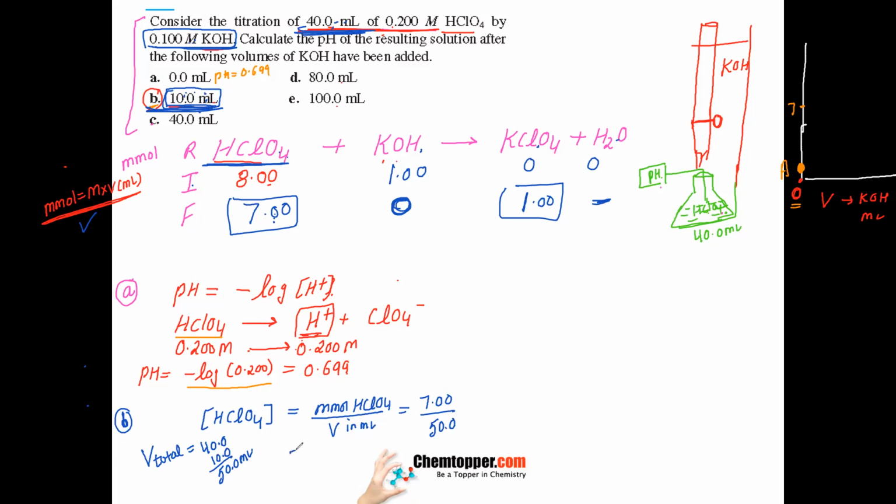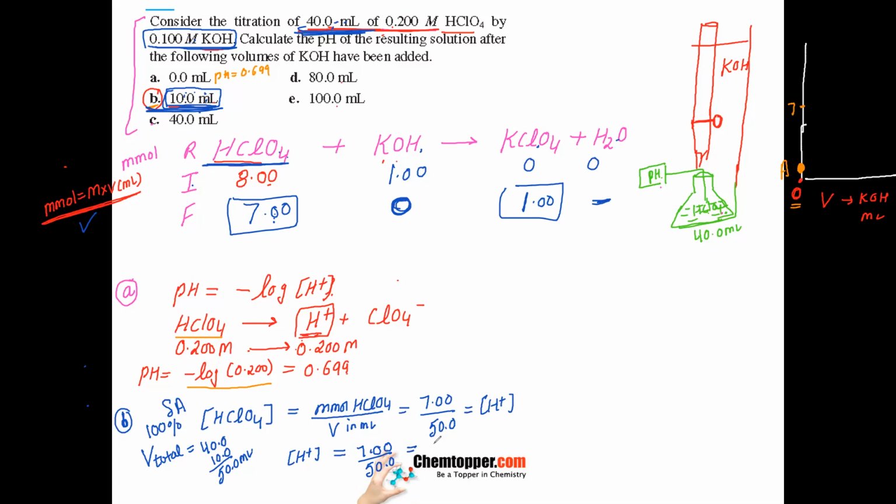And what is the concentration of H plus? It's a very strong acid, 100% dissociated. Don't you think H plus will also be the same? Same concentration. This is equal to the concentration of H plus. What is the reason? It's a strong acid. It's 100% dissociated. It's fully dissociated.